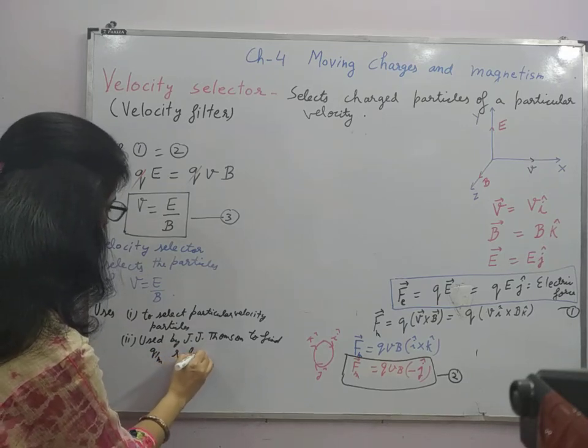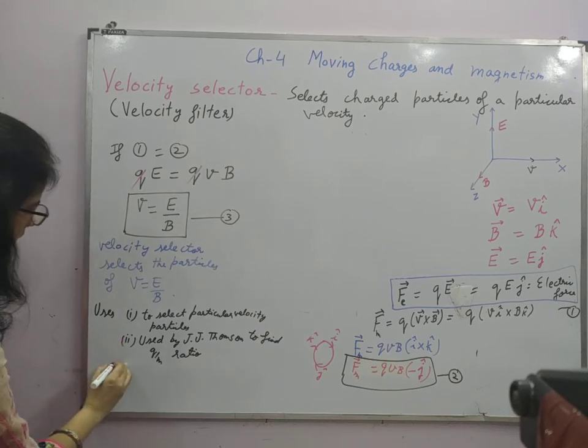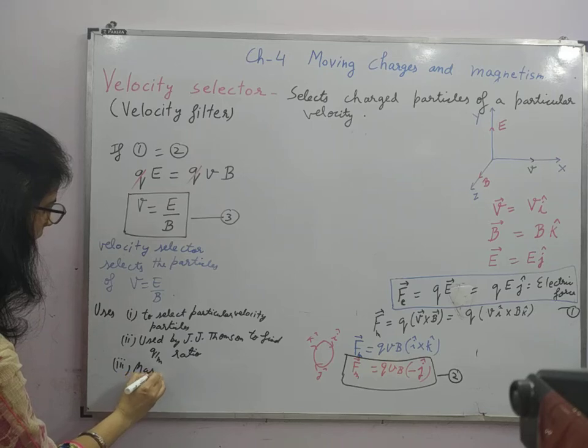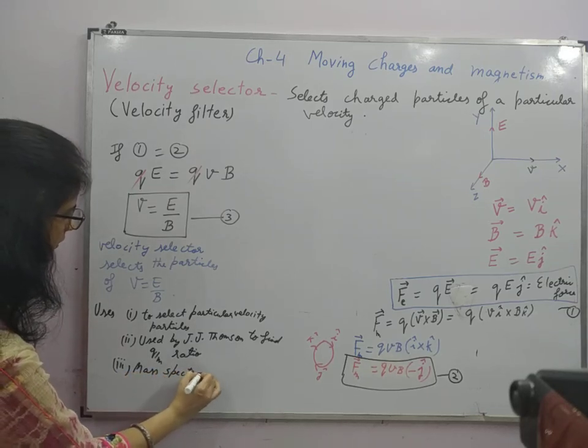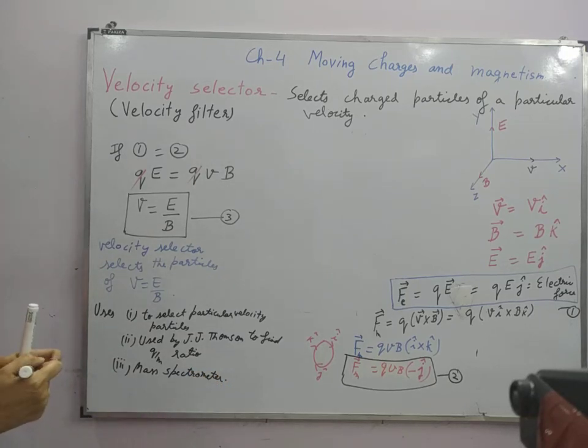I told you that charge to mass ratio is also called as specific charge. And third, it is used in mass spectrometer also. Here also it is used for charge to mass ratio only. Okay, so that's all for now. Thank you and have a nice day.